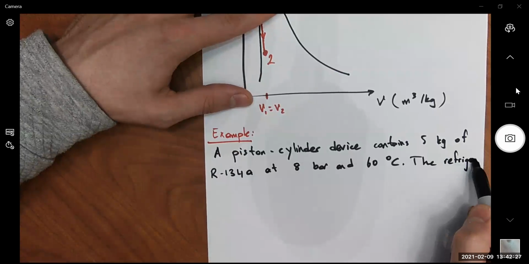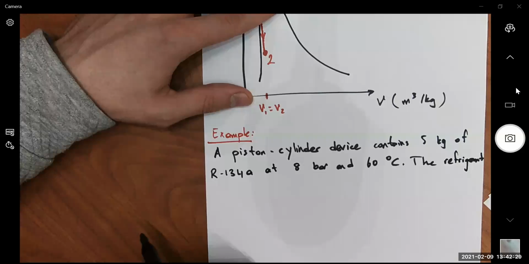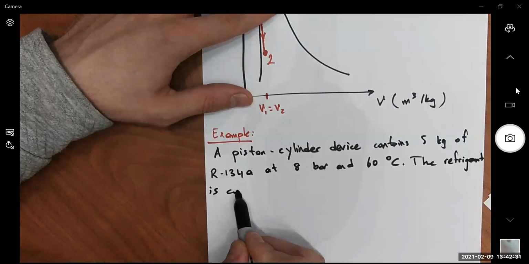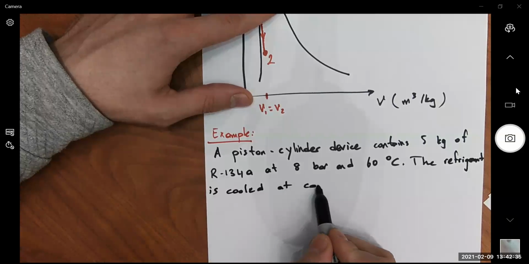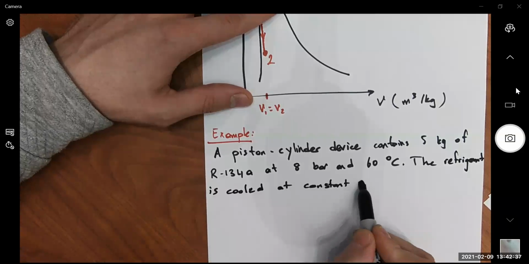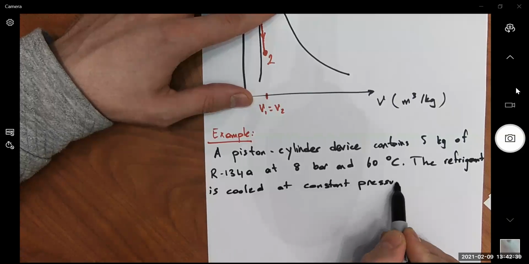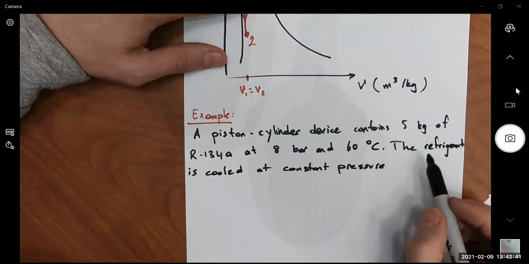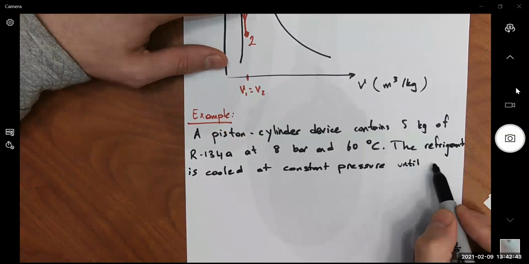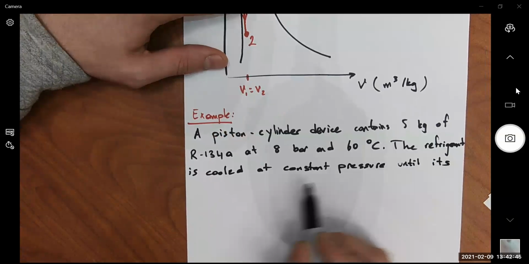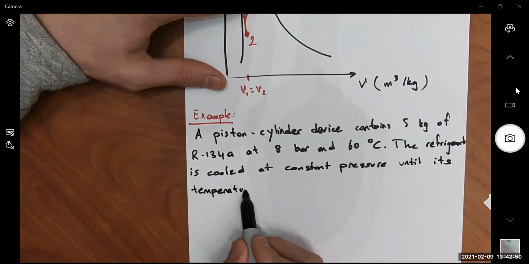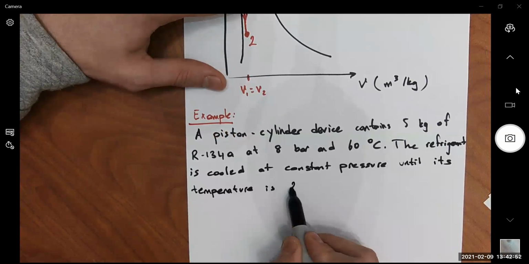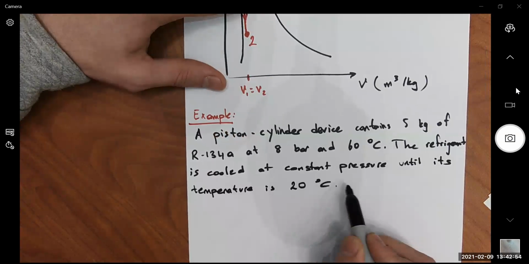The refrigerant is cooled at constant pressure until its temperature is 20 Celsius.